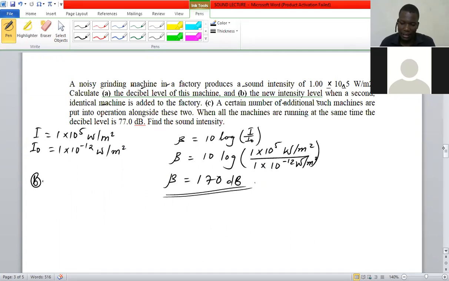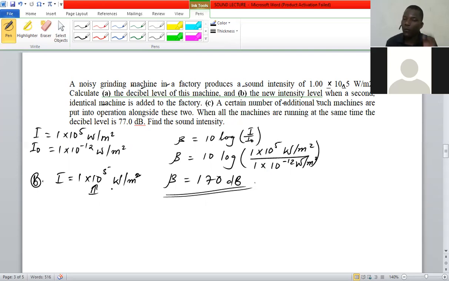The intensity of one machine is given by 1/10 to the power 5 watt per square meter. If there are two identical machines, the other machine will produce the same intensity as the first machine.